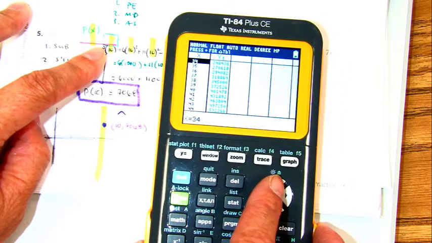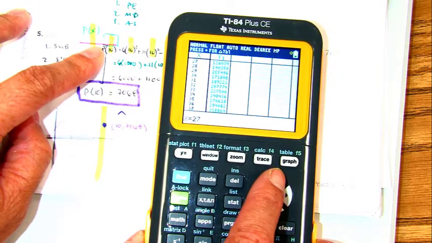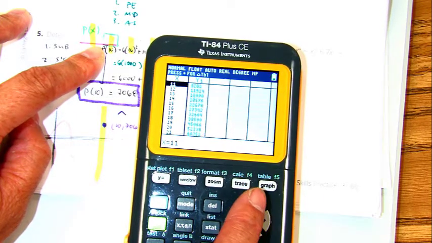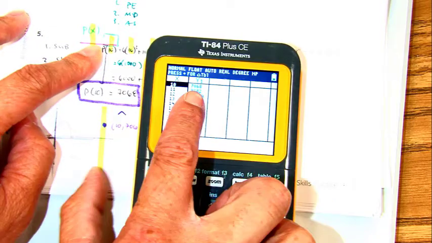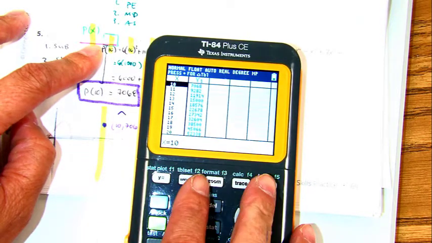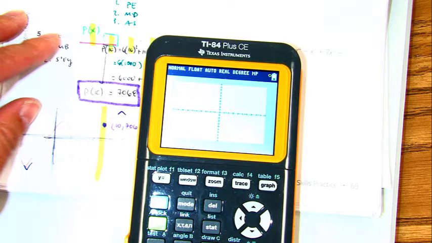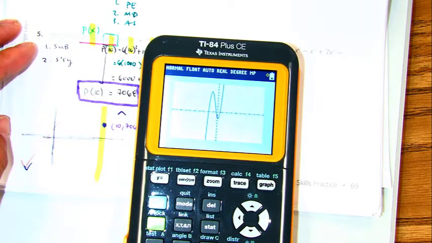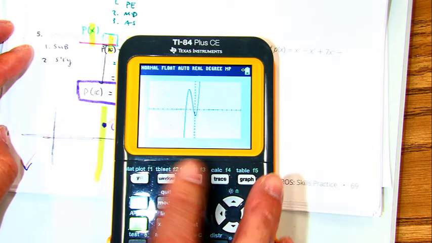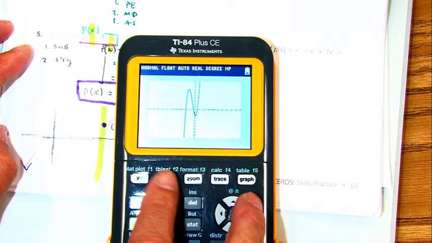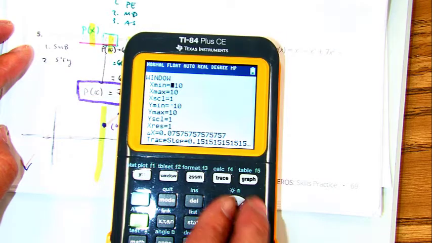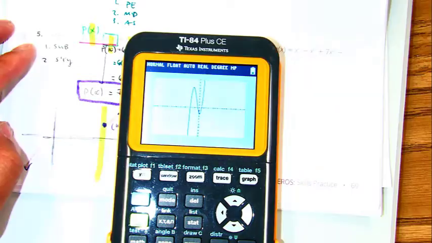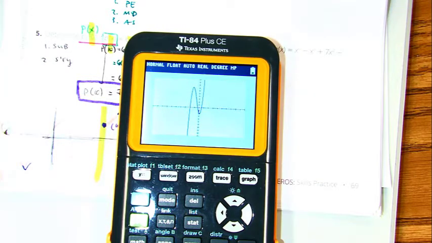If I go to 10, 7,068. Let's give you a visual. There's my visual. I change it up a little bit. 10 would be something way over here, right? So the graph's like way up there. So at least that gives you a visual of what's happening. I love math.